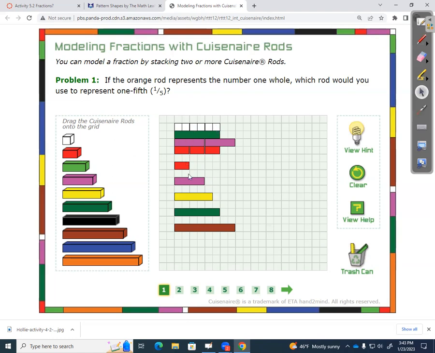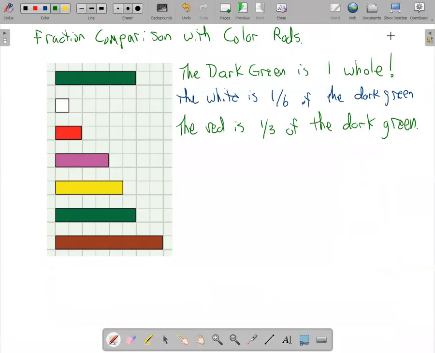So here I have a couple of different options on how that can happen. So I'm going to use the white ones first. So for the purple, I can see that 4 white blocks make a purple. And for the green, the dark green, I can see there's 6 of them. So I have 4 in there, I have 6 in here.